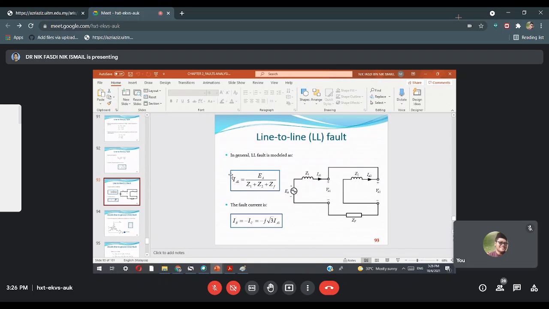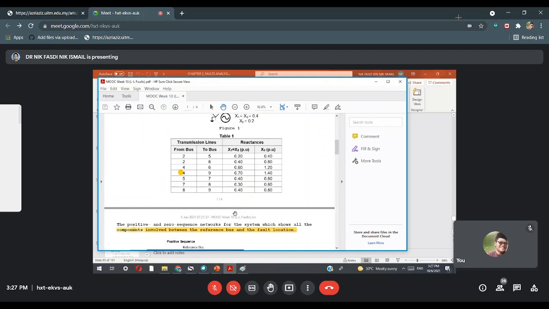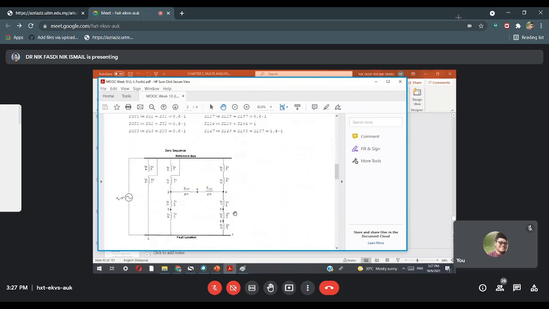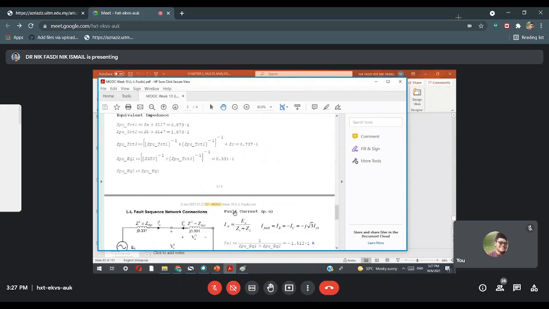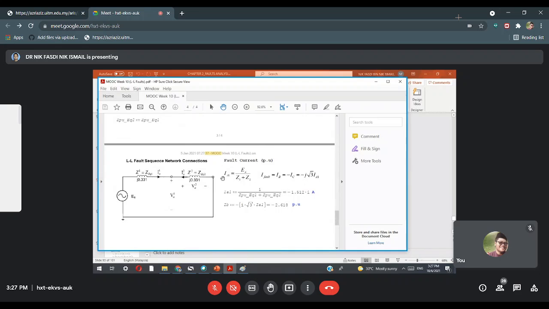So ceritanya you have to get the value of IA1 atau positive sequence in order to get the fault current. So untuk this example, kalau you tengok all the way dia punya calculation, at the end dia nak cari ialah nilai positive sequence referring to this equation in order to get the fault current.